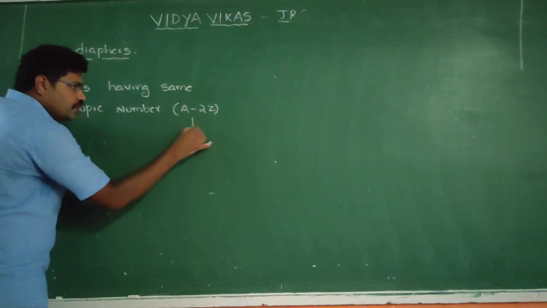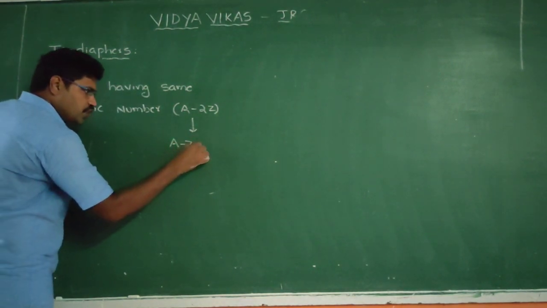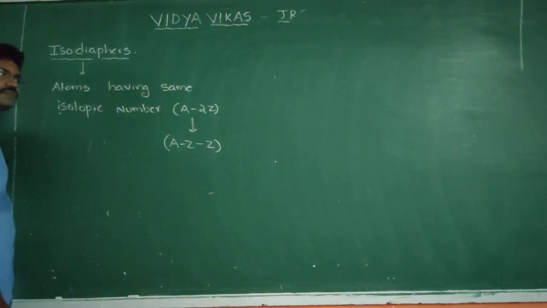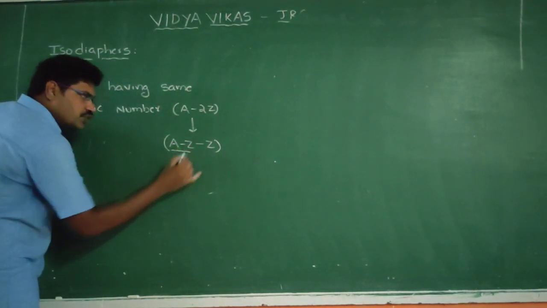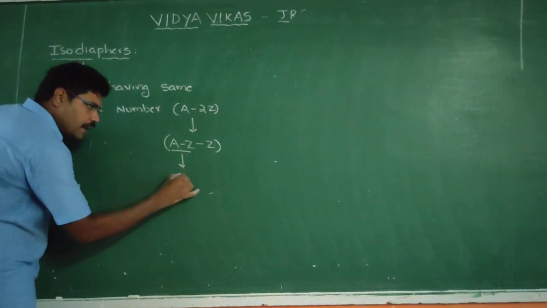A minus 2Z means what, sir? A minus 2Z means A minus Z and along with minus Z. A minus Z means what, sir? Mass number minus atomic number. Dear students, that is the number of neutrons.